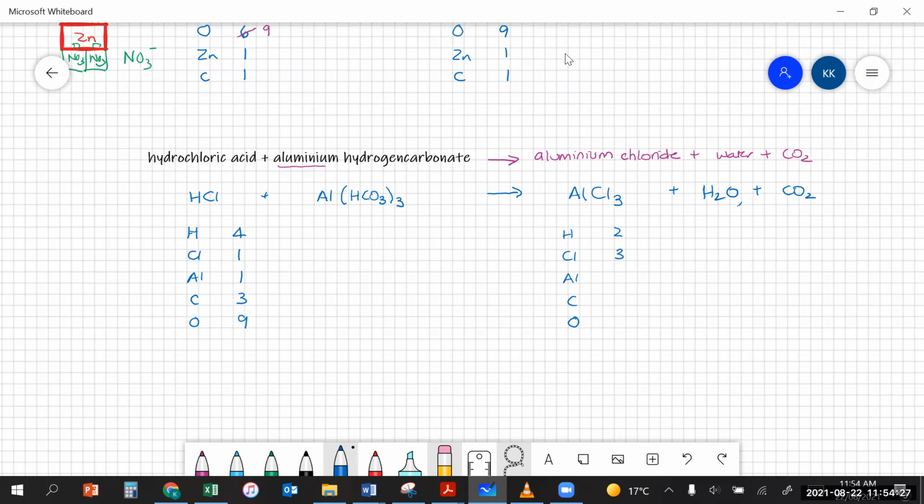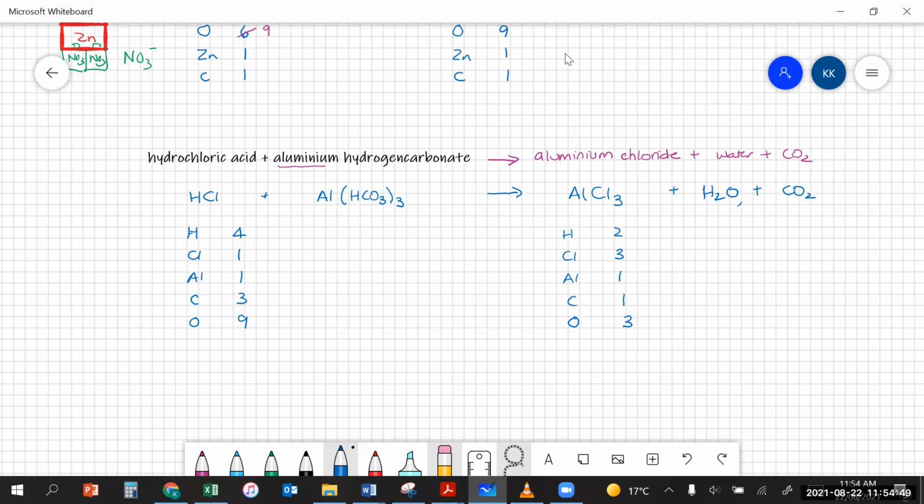We have 1 aluminium in the aluminium chloride. We have 1 carbon in the carbon dioxide. And we have 1 oxygen in the water and 2 in the carbon dioxide, so that's 3. Now this looks like an almighty mess, but remember, leave oxygen and hydrogen until last, focus on the others.